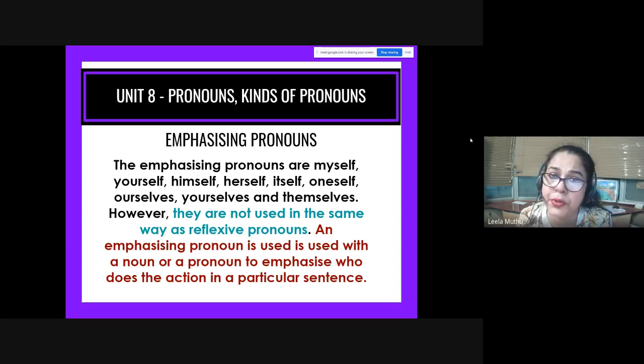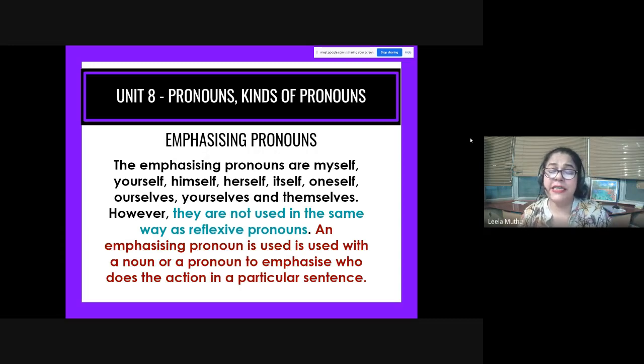Emphasizing pronouns. Now, with emphasizing pronouns you have the same pronouns like myself, himself, herself, itself, yourself, ourselves, yourselves, themselves.